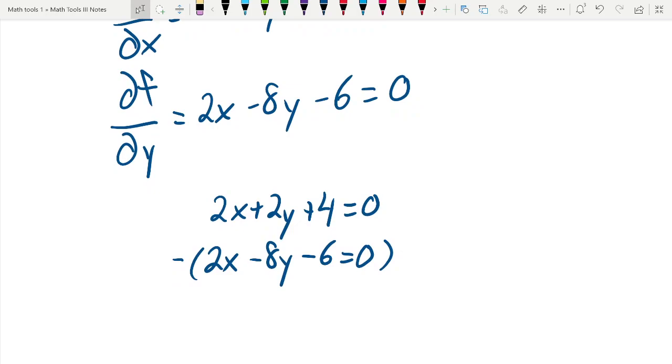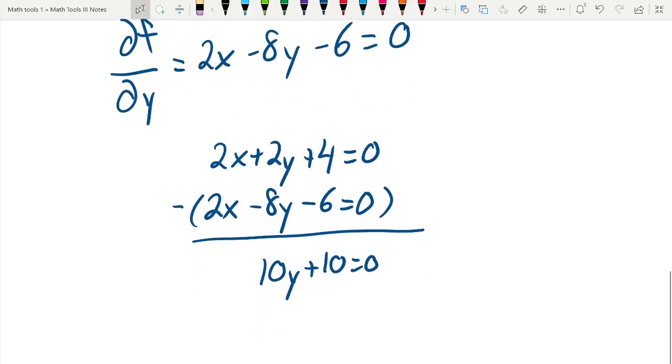So we can do all these different arithmetic operations to the equations, which might speed up the process of solving them. The reason why we might want to subtract this one is because then the 2x terms will cancel out and we'll be left with 10y plus 10 equals 0 here. So we're going to end up with y equals -1.